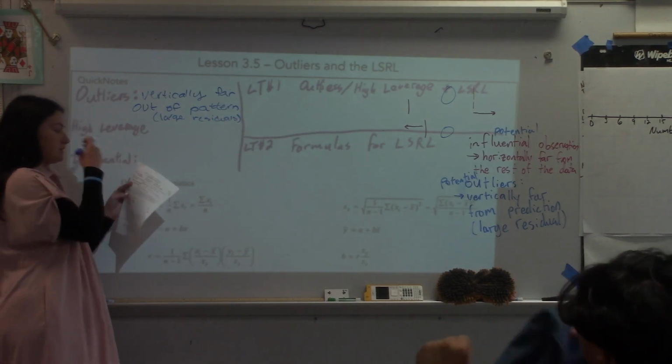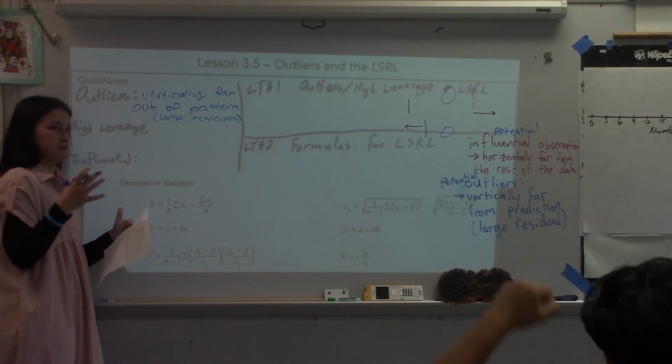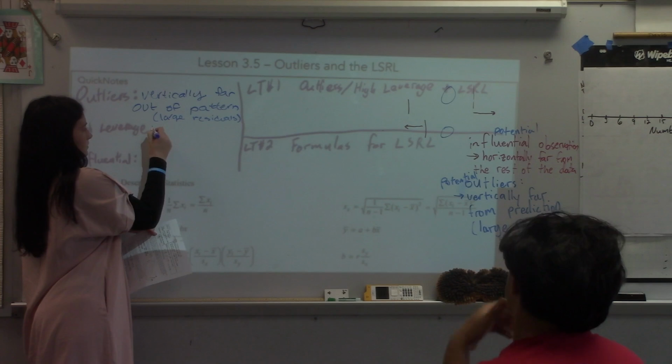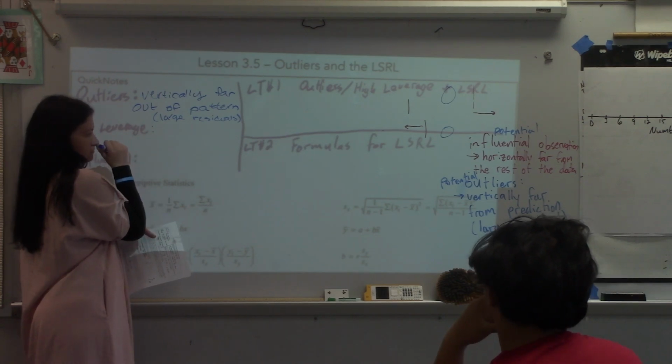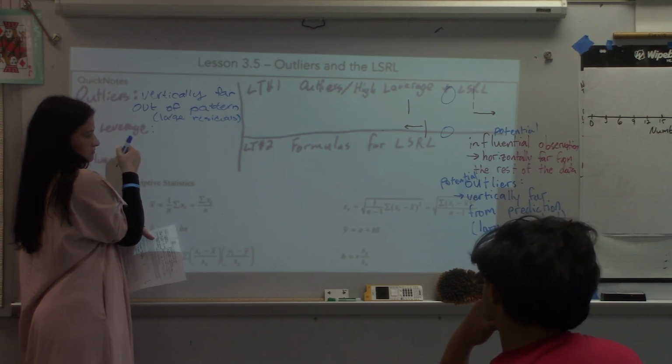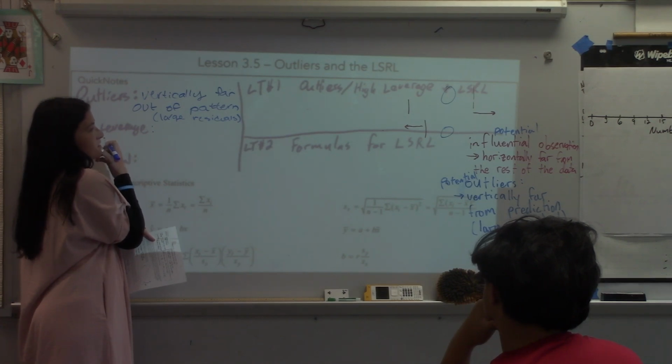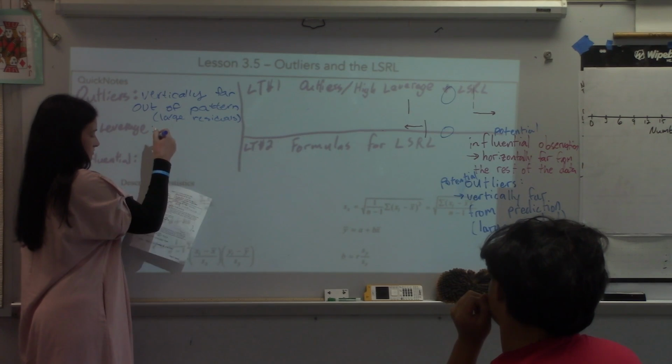High leverage is going to be very large or very small x values. I flipped that. That should say high leverage for horizontally far from the rest. Influential observations are outliers or high leverage. That's what I was looking at, I think I flipped that.